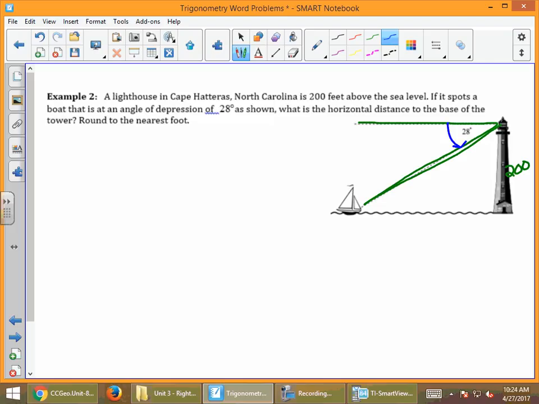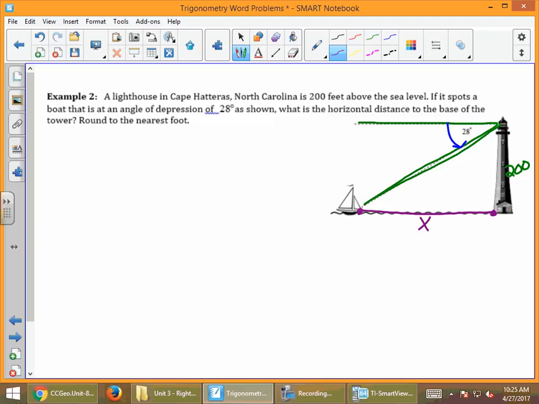That arrow is pointing down. And then we're trying to find this piece right here, the distance from the bottom of the lighthouse, the base, to the boat. Well, that's what we're trying to find, so I'm going to label that with X.